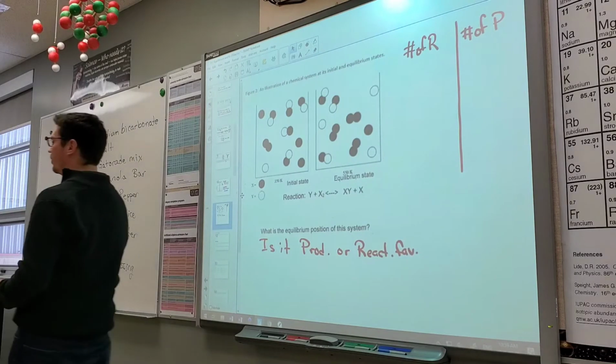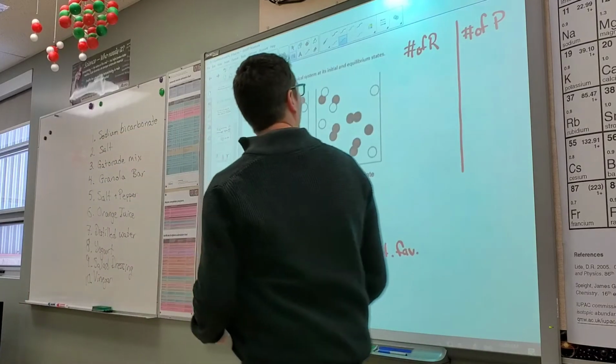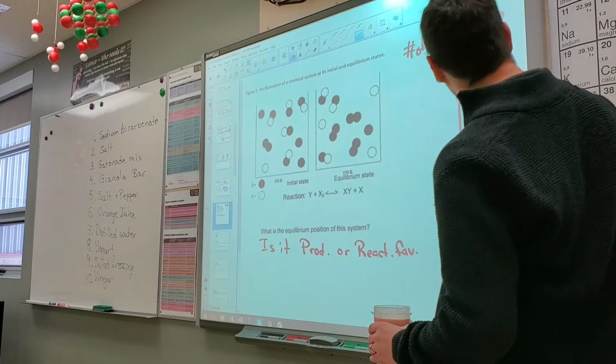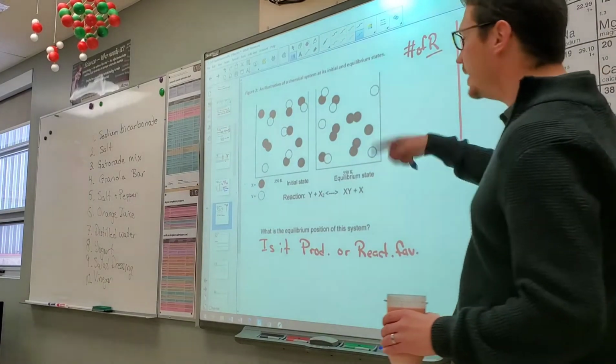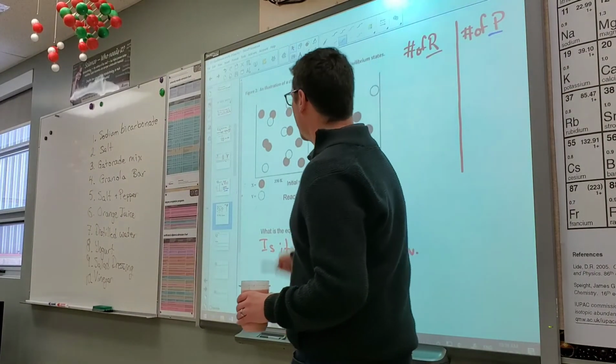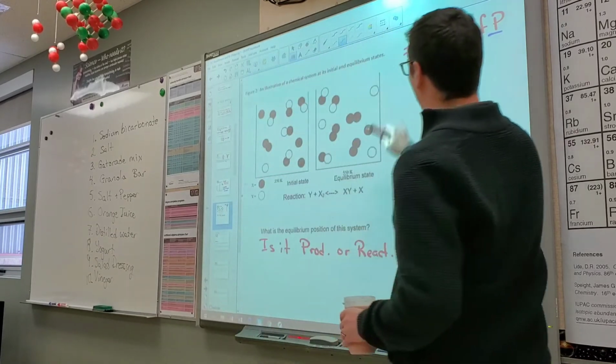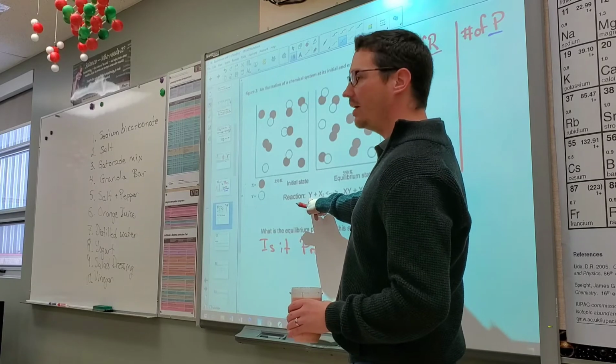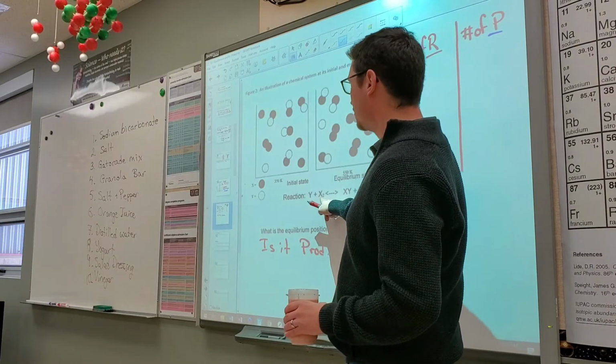So what I'm going to do is circle the reactants in red, and then circle the products in blue in each state. So let's take a look at the initial state, and a reactant I'm going to circle in red. I'm looking for a single Y or two X's put together.